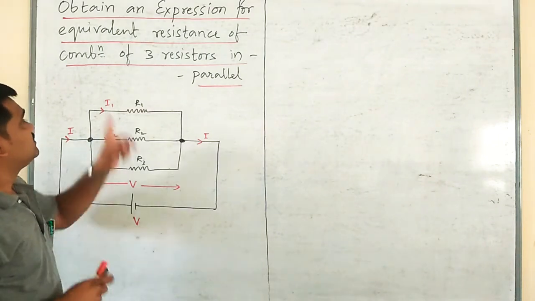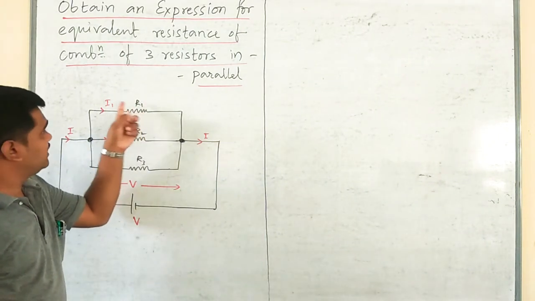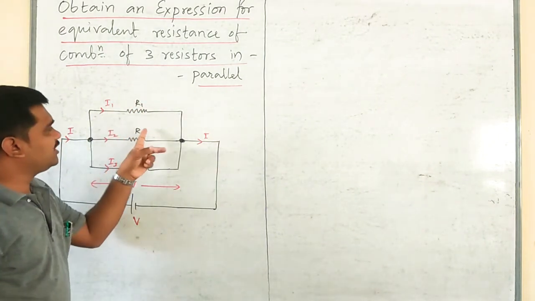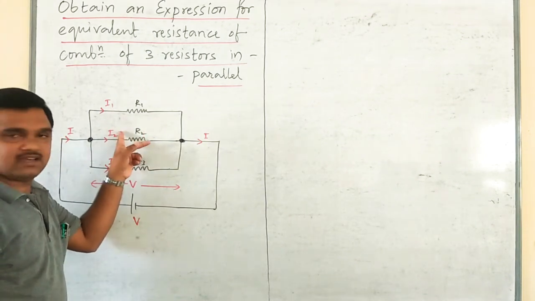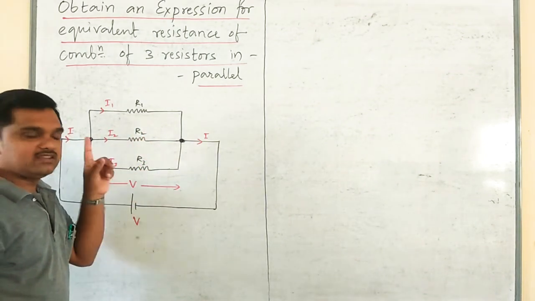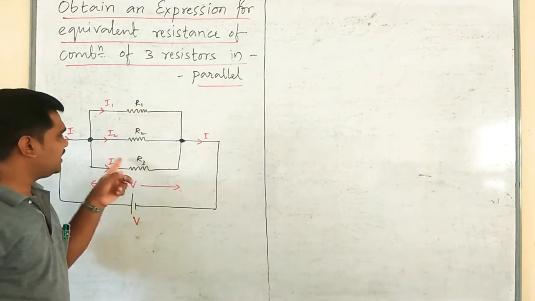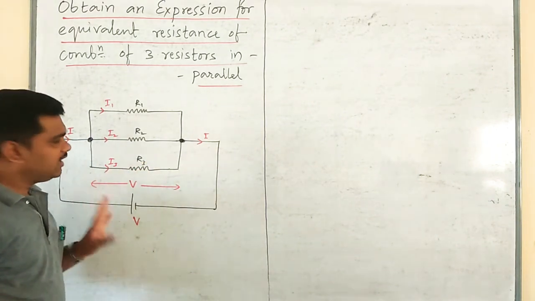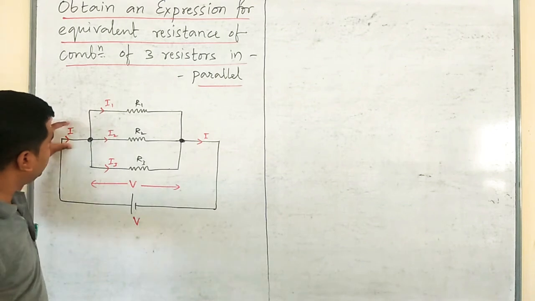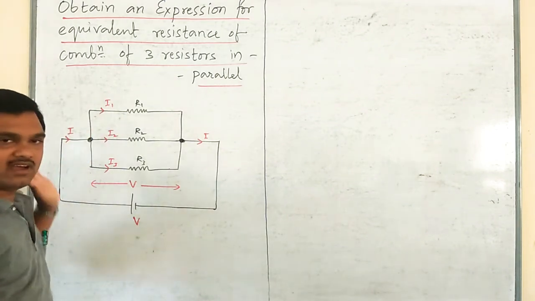The current flowing through the resistance R1 is I1, through R2 is I2, and similarly the current through the resistor R3 is I3. Here we can write I is equal to I1 plus I2 plus I3.